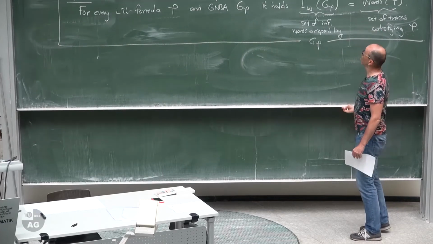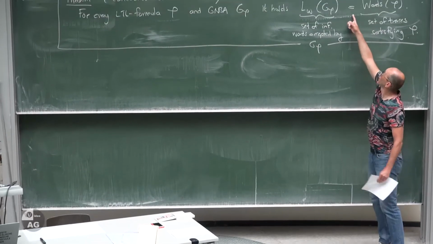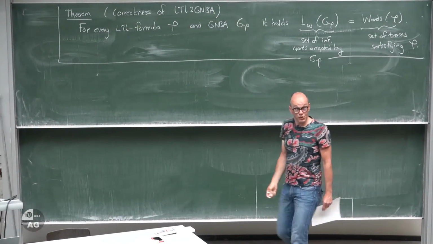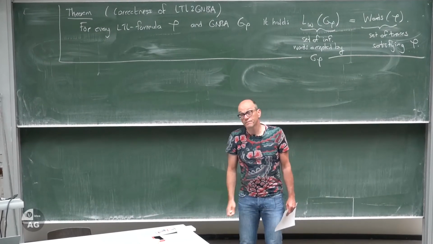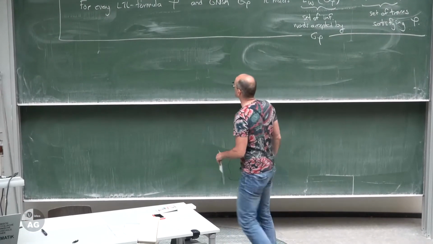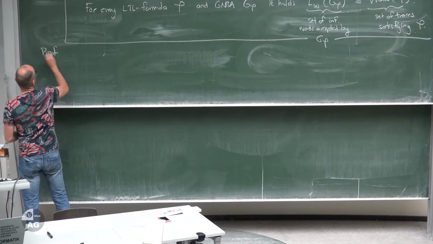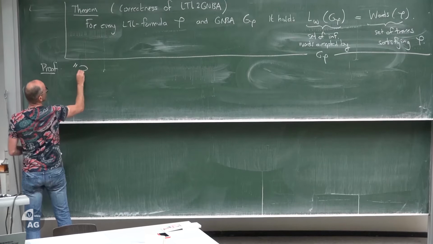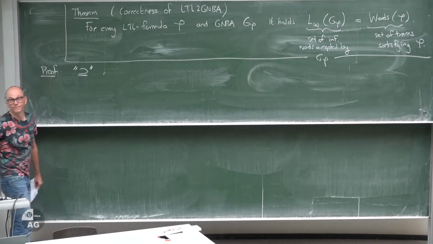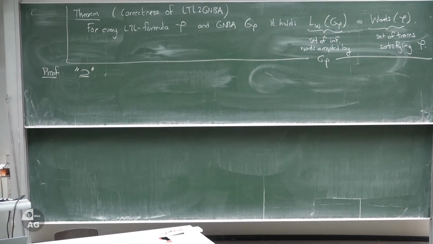So how are we going to do this? This is an equality, so we're going to prove subset inclusion in both directions. So part one. I'm going to first start with this subset inclusion. How are we going to prove this?